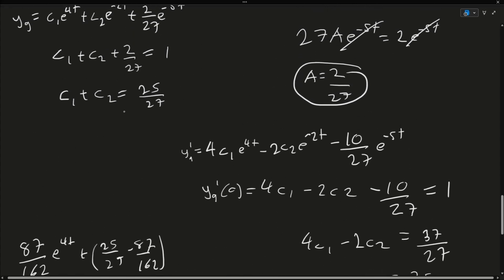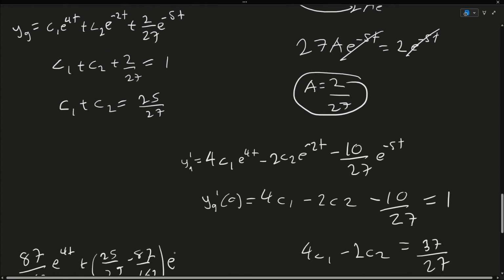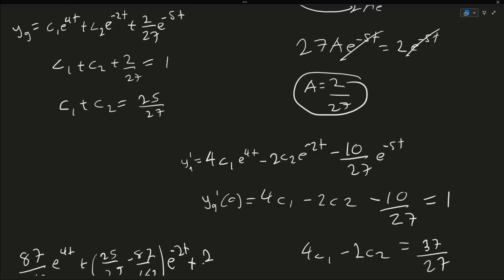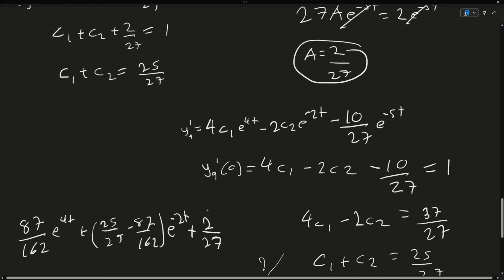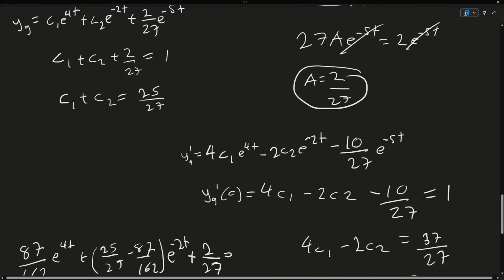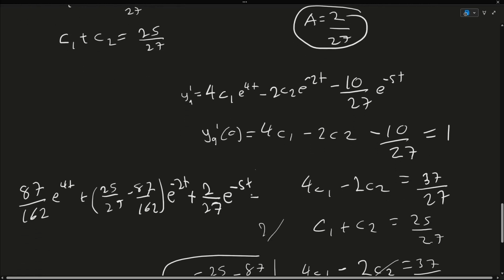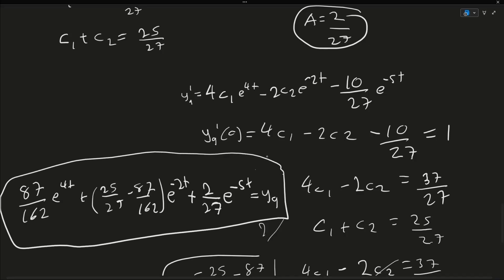You will have better fractions in your exams, guys. Don't worry about the fractions. As long as you can understand the idea of homogeneous solutions and undetermined coefficients, this lecture would be done more than its purpose. So this is your general solution for this problem.